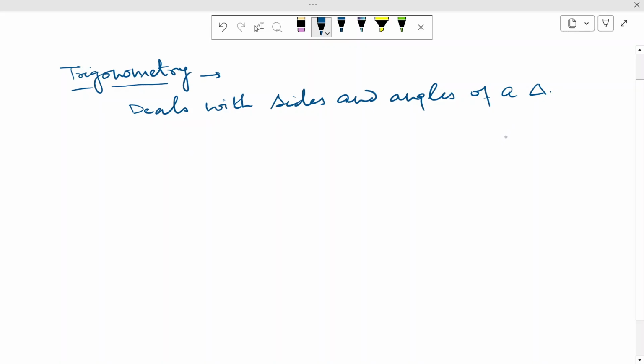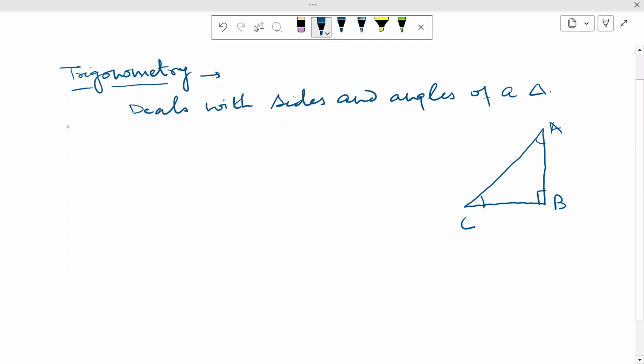Now, in general, if we have a right angle triangle, let us call it A, B, C. So, this is a right angle triangle. Angle B is 90 degrees. So, it is very clear that angle A and angle C are acute angles.